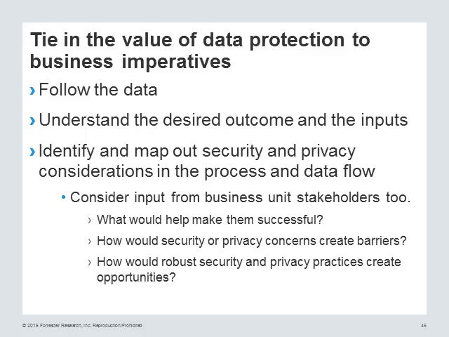A couple of different ways to help get this conversation going with them is to just outright ask what would help them be successful in what they're trying to accomplish. That may give you some ideas of how security or privacy concerns might start to create some barriers or issues. It could also give you a starting point to think about how better, or how more robust security and privacy practices could then start to create opportunities for the business here.